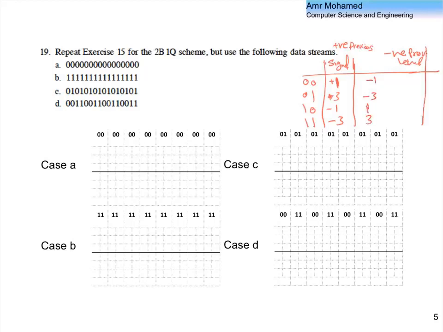So based on that, we can say, let's say that this is positive 1 and this is positive 3. For 0, 0, we go positive 1 and then all positive. So we'll go straight all the way. With 1, 1, it was positive. Then with 1, 1, we go negative to minus 3.